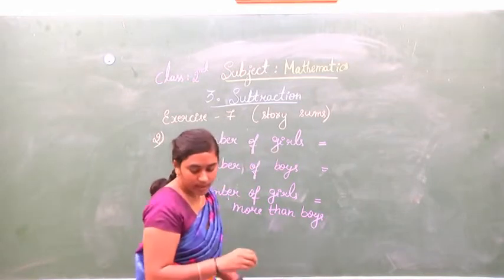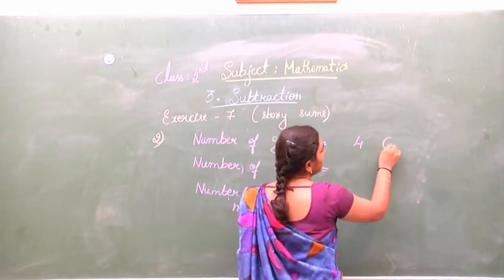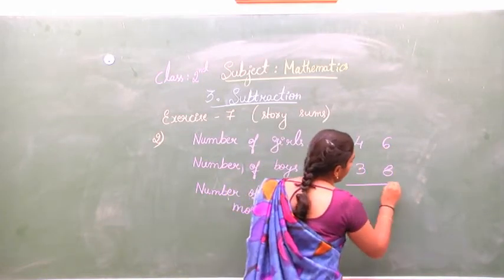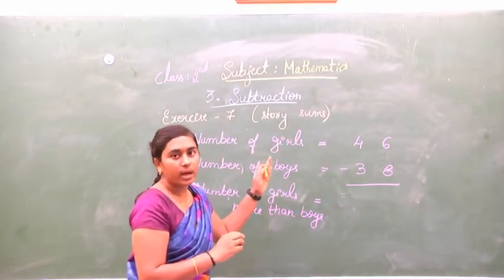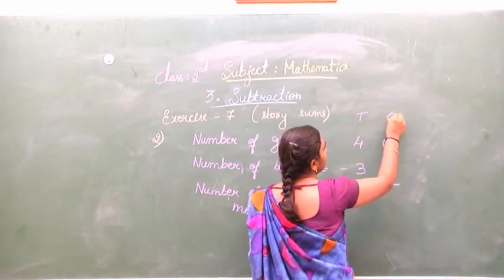Now how many girls were there in the class? Yes, 46 girls were there, 38 boys are there, and you need to find how many girls are more. So let's write tens place, ones place.